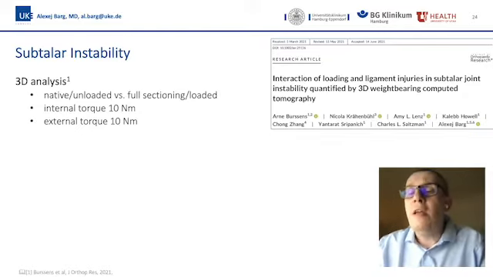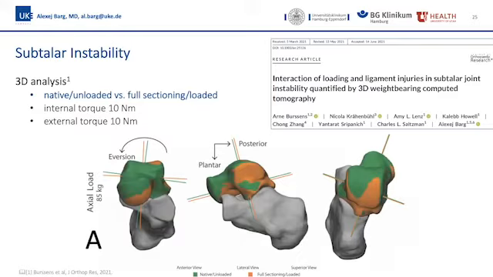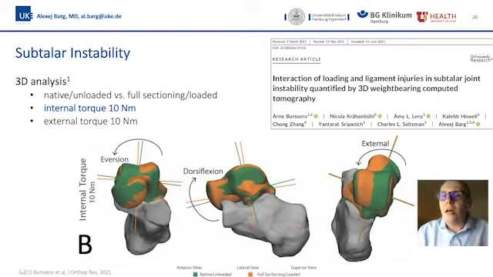So this is the first picture. Green means it is completely intact, and orange means there is some instability. So there are changes. And here you can see the green is definitely the dominant side. When you apply internal torque, and 10 Newton meters is not that much.